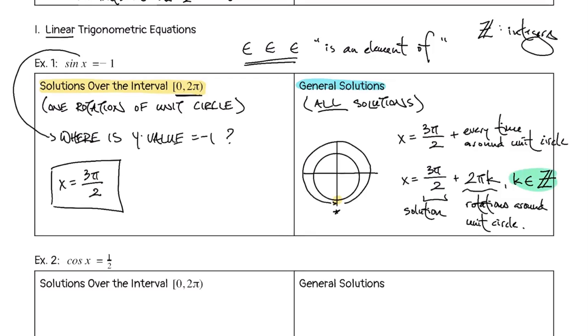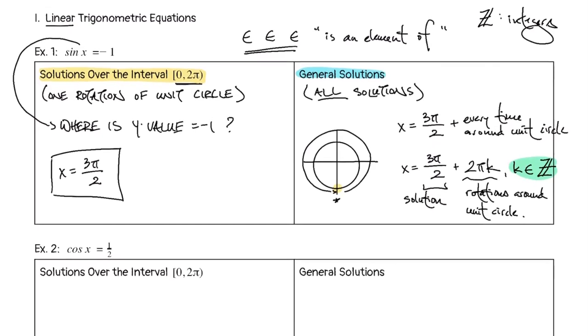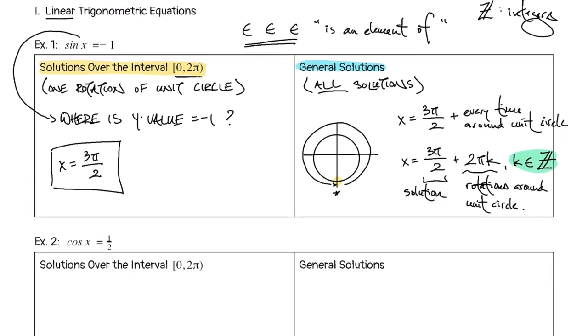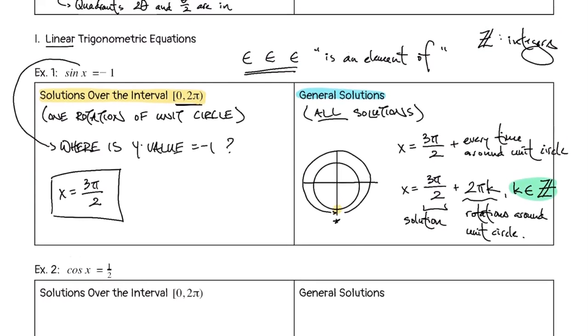We're not doing half a rotation, we're doing a full rotation. Any questions so far, whether it be on notation or how we got this answer?